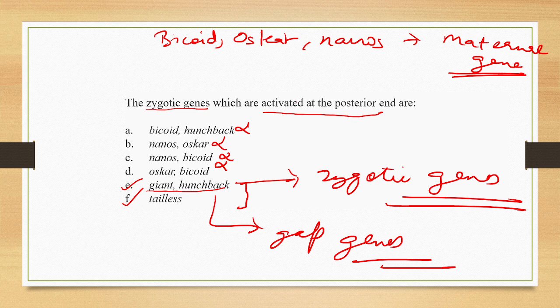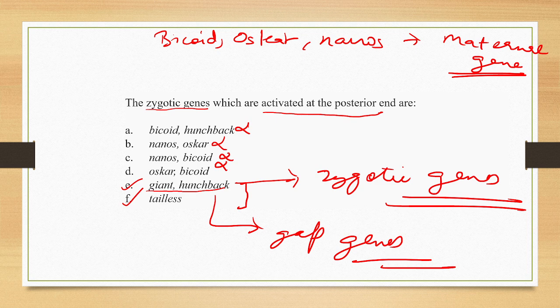Had it been written like this, then we could not have included hunchback there, because essentially the role of hunchback is anterior axis formation. Although it is present in a very narrow domain in the posterior end, it tries to increase the expression of other gap genes in the anterior end. It helps in anterior axis formation.